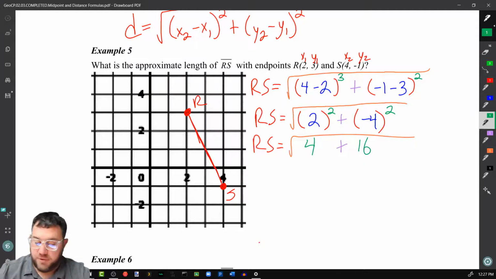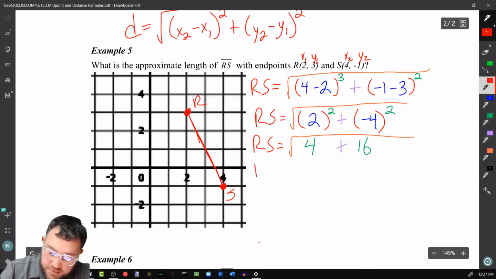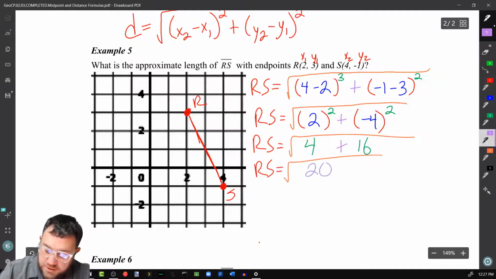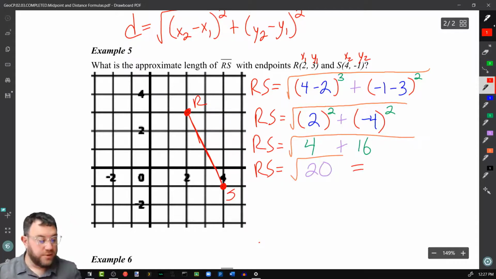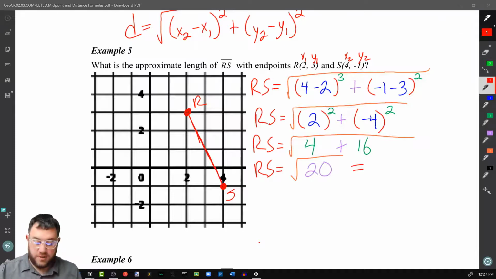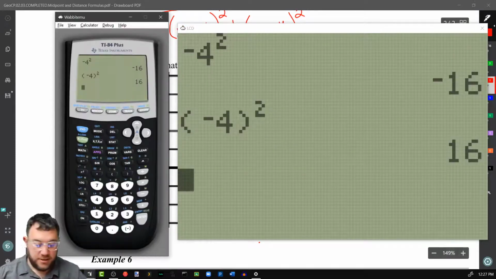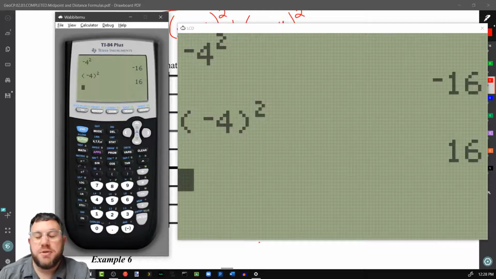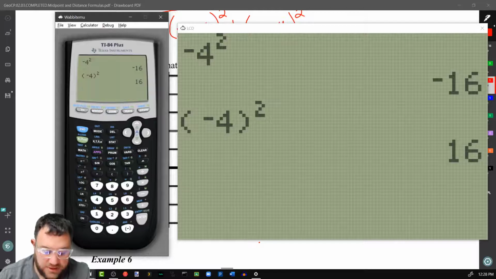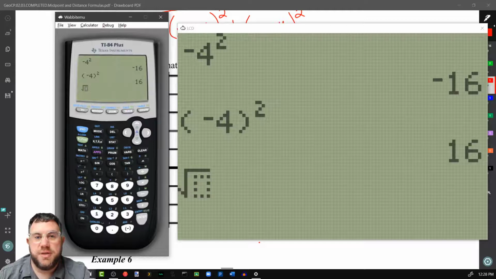Alright, so that'll be 4 plus 16. Moving on to our next step, we'll add those two together, and that will give us 20. I'm going to do these in the same line. Now, the square root of 20, we will do that in our calculator. If you notice, above the x squared sign, there's a little square root sign that's called a radical. It's in blue, which means we need to do second x squared to get it to show up. And then we'll type in our number.